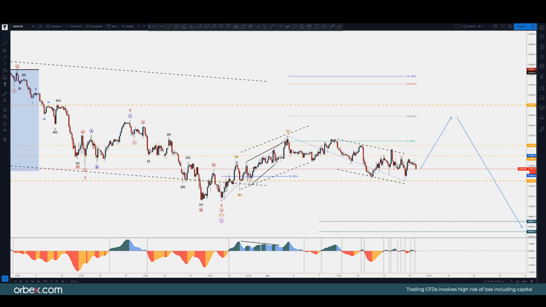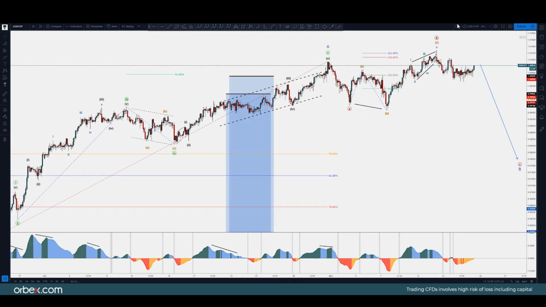Now, let me just continue with the small time frames on a 2 hour here on the USD Swiss, right? Now, the USD Swiss, the way I'm labeling it is in an A, B, and then C. We'll see what type of pattern this actually does, because let's say this could be a harmonic as well, yeah, in a bearish Crab, right there.